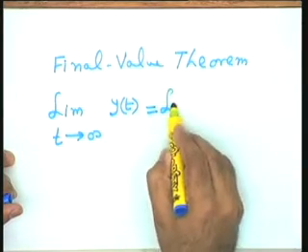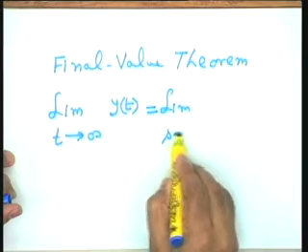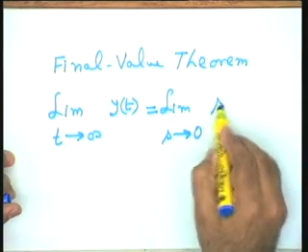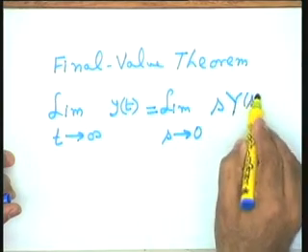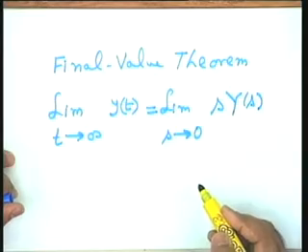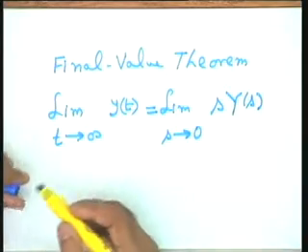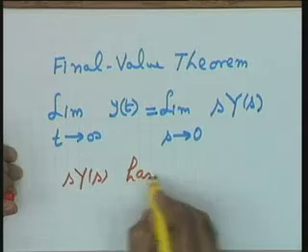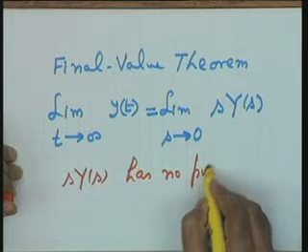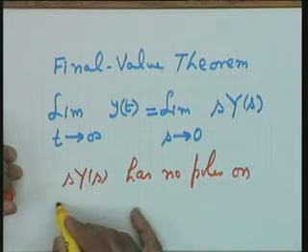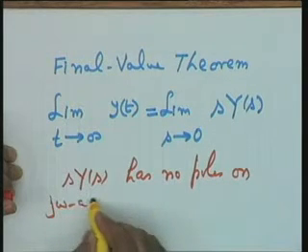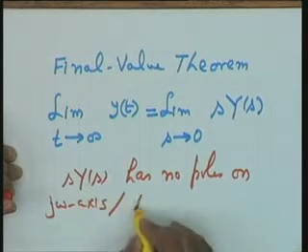This is equal to, as you know, limit s tends to 0 of s Y(s), where Y(s) is the transform of y(t), provided, this point may please be noted, provided s Y(s) has no poles on the j omega axis or in the right half plane.